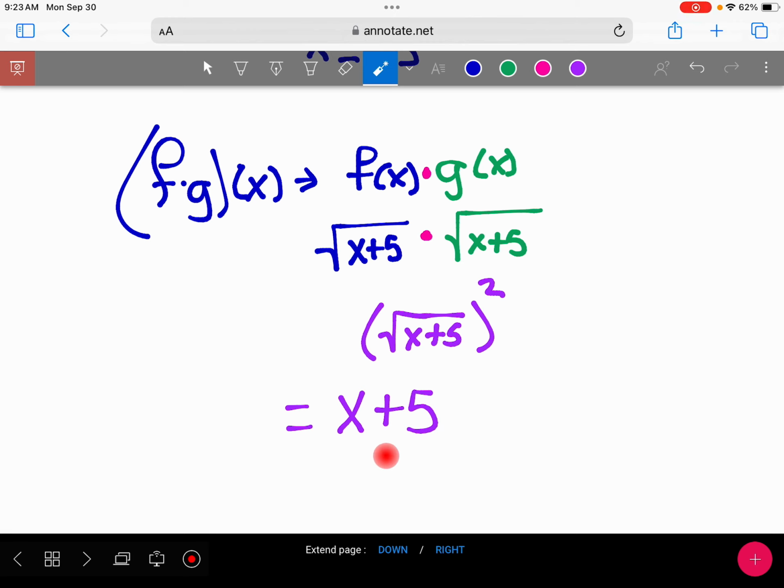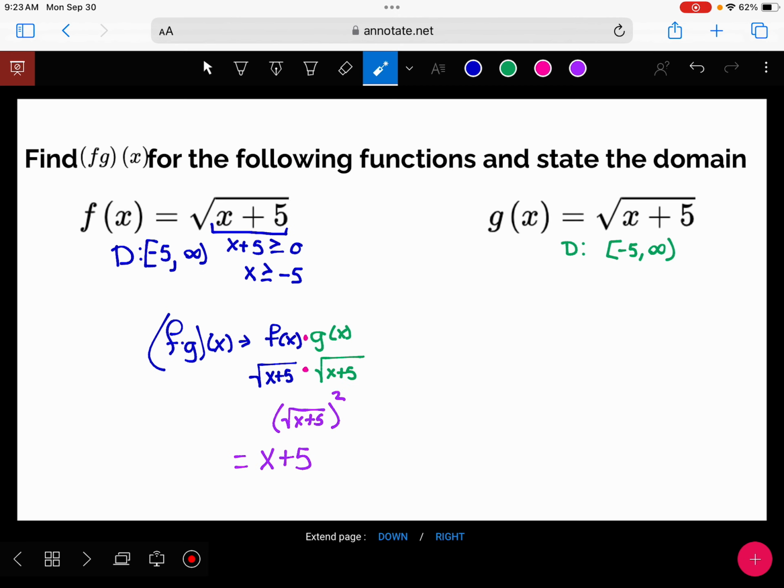What would this look like? A line. So if I just gave you this equation, what would its domain be? All real numbers. However, we know it came from those guys. So this has to come from these domains. It has to fit inside.